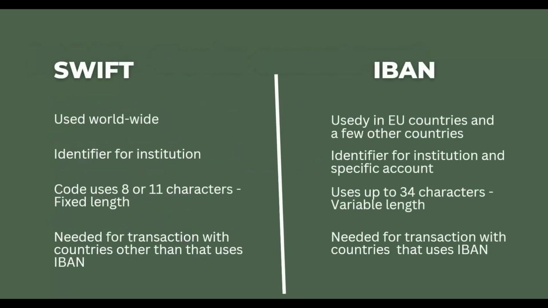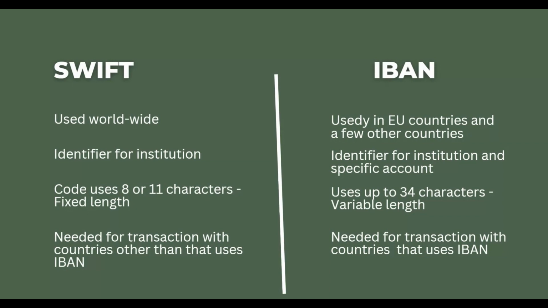Both SWIFT and IBAN are used for international transactions. Let's see how they are different. SWIFT is used worldwide. It was started in 1973. IBAN was started in 1997 to make the transfer of money easier among banks in the European Union.